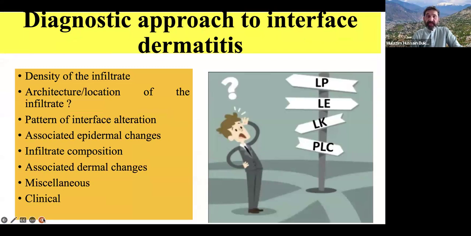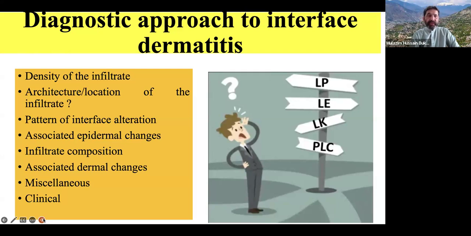Sometimes architecture will make you confused whether it is superficial while the infiltrate goes deeper, because certain interface dermatitis when they are deeper, the diagnosis is changed, while if they are superficial like in lichenoid, they are superficial, but when some other pictures are deeper, then it is different.